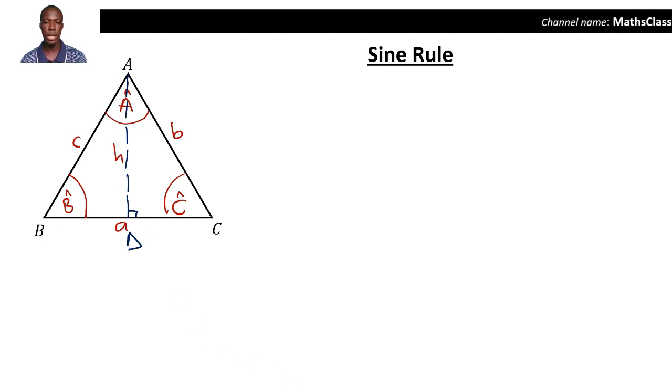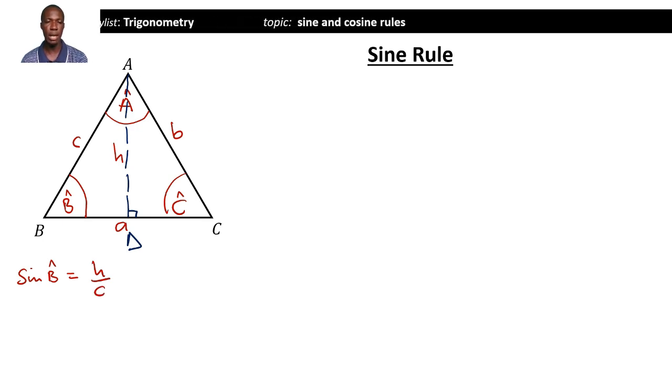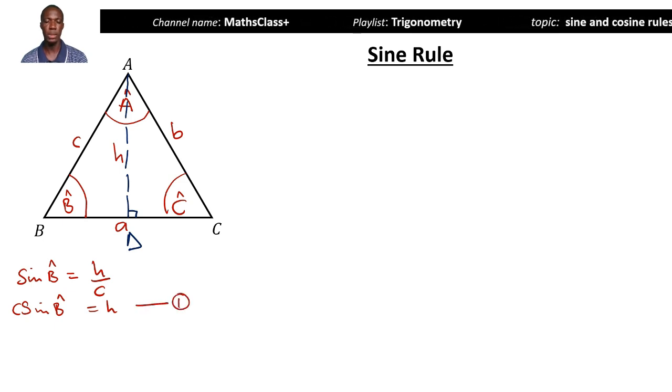Okay, so let's do that. So I will start with the triangle ABD. So sine B will be equal to H over C. And if I make H the subject, then I'm getting C sine B is equal to H. That will give me equation 1.